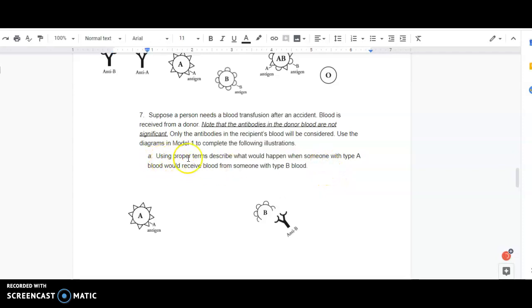It says here, using proper terms to describe what would happen. So what would happen is anti-B antibodies in the recipient with A blood would attach to the B blood cells.